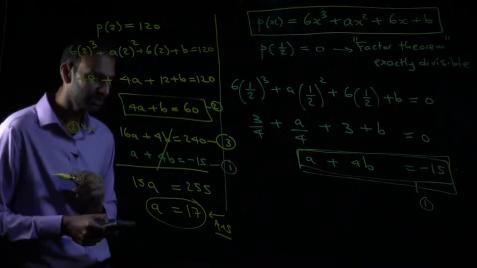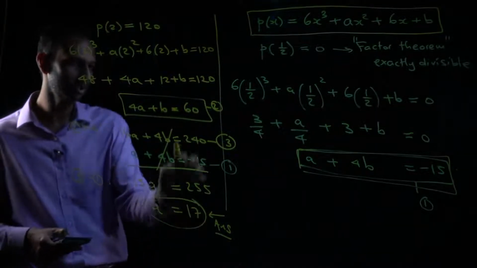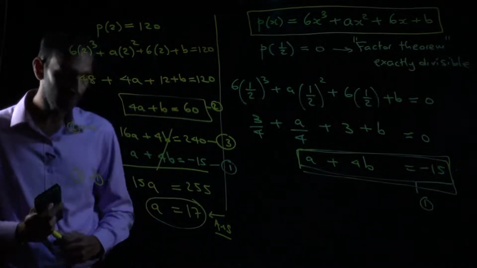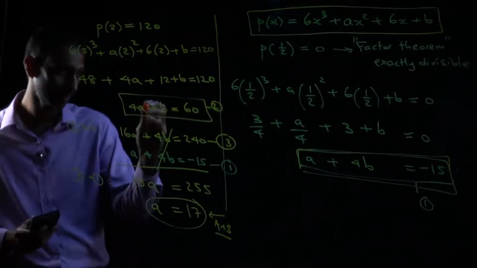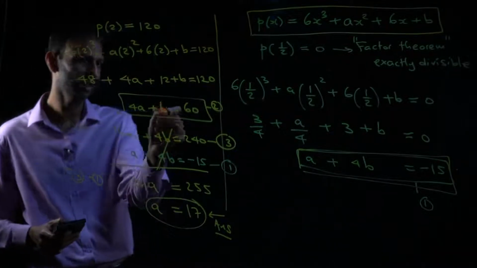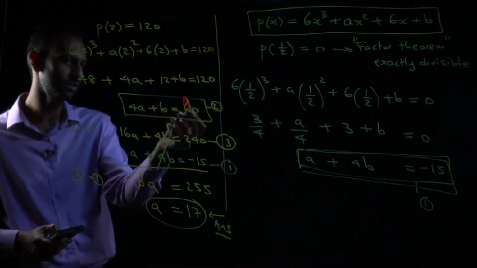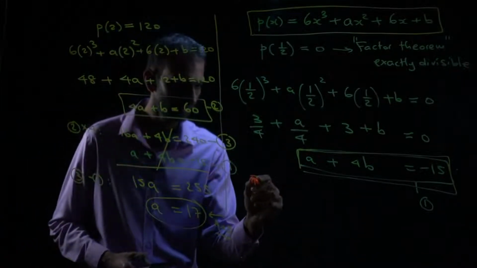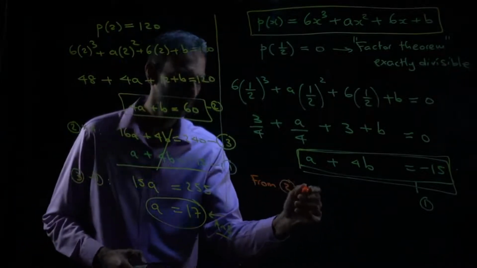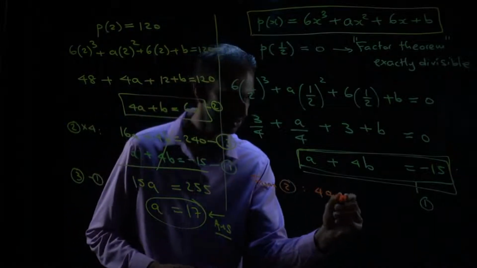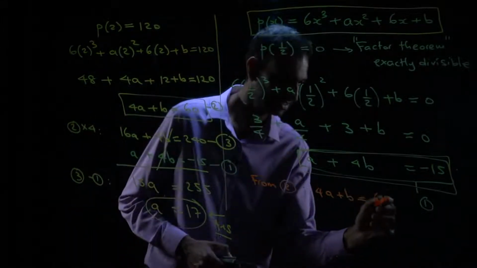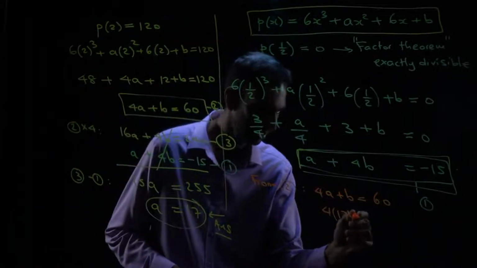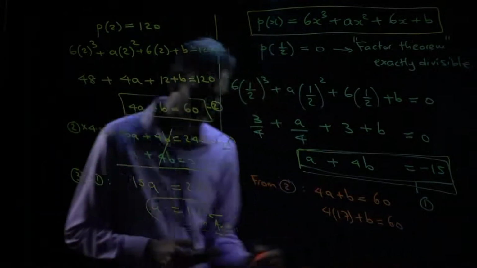Now, once we get the value of a, we can substitute in any equation and you will get the value of b. So I suggest we substitute in equation 2 because we don't have any coefficient with b. It's a simple coefficient which is 1, simpler. So from 2 we have 4a plus b is equal to 60. a is 17. 4 times 17 plus b is equal to 60.